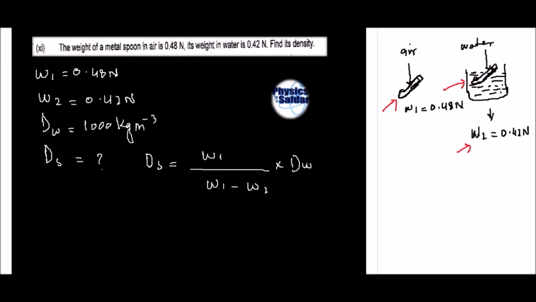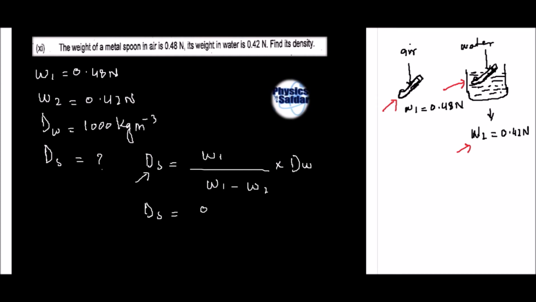By using the Archimedes principle, the density of a spoon we can calculate by using W1 over W1 minus W2 times density of water. Now you can substitute all the numbers.